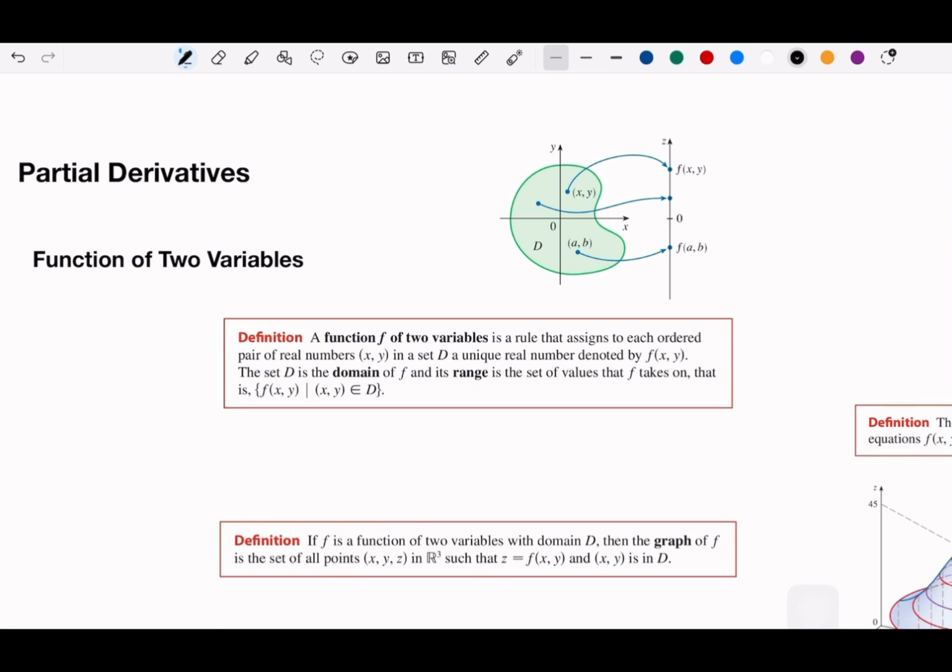Okay. So what does that mean? It means that whenever we put in the numbers x and y, we are going to get another value, right? To make it simple, let's say that value will be z. I think this makes sense because we have three axes, x, y, z.